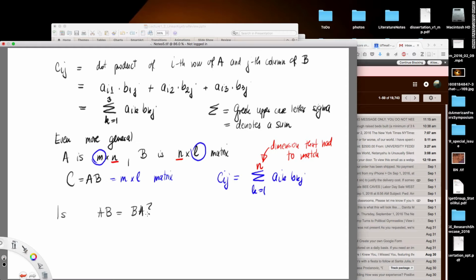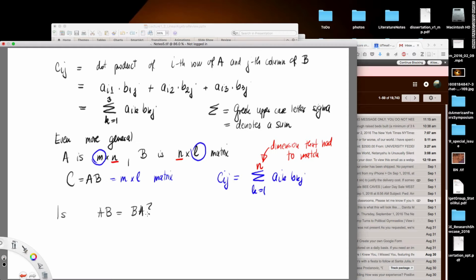How about matrices? 2 by 3 times 3 by 2 would be 2 by 2, but flipped it's 3. In this previous case of 2 by 3 and 3 by 2, if I flip them over, I'm going to have 3 by 2 times 2 by 3. What's the result? So for one, dimensions may not match.